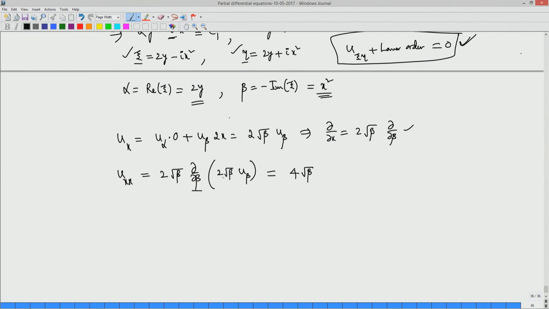Now, we operate this onto the product of these two functions, which gives 1 by 2 root beta into u beta plus root beta into u beta beta. So, together this becomes uxx equal to 2 u beta plus 4 beta into u beta beta. That is my uxx.